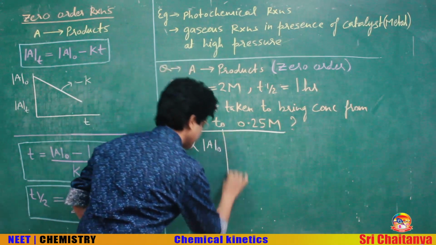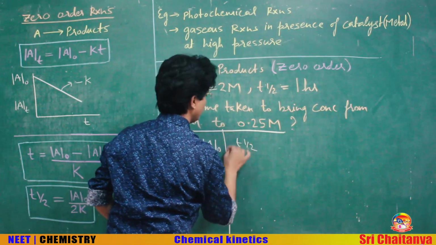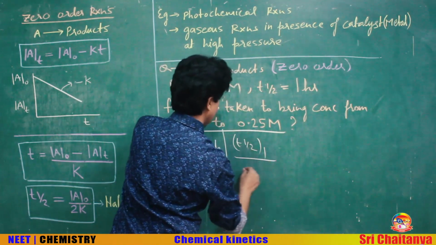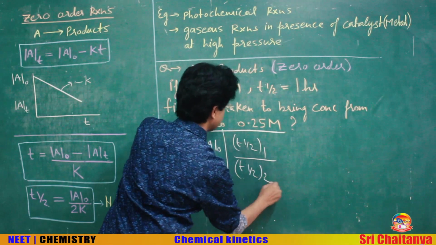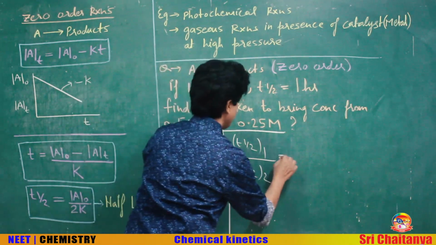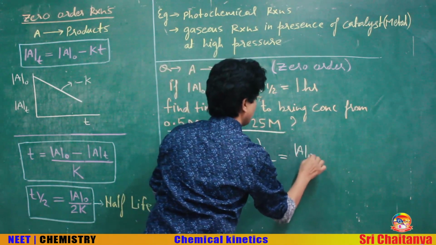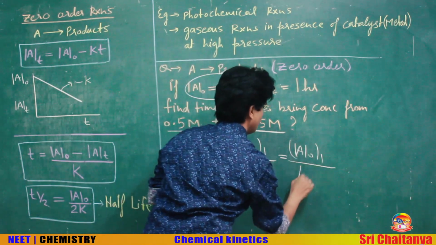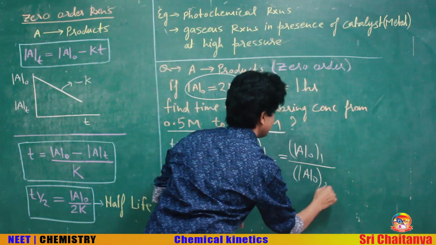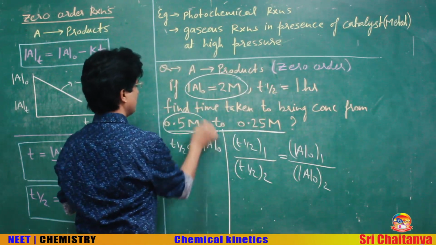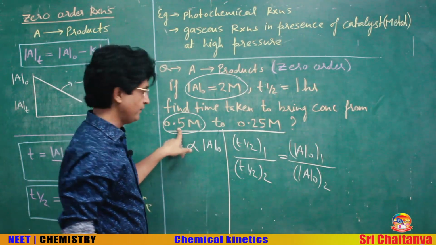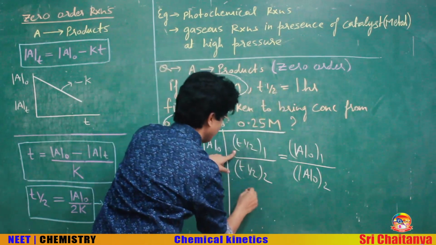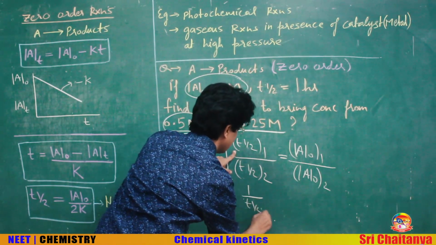Now from here I can say that t half for the first case upon t half of the second case will be equal to A naught of the first part upon A naught of the second part. The second part's initial amount will be 0.5. So t half for the first part is given as 1 hour, and I am supposed to calculate the second t half.